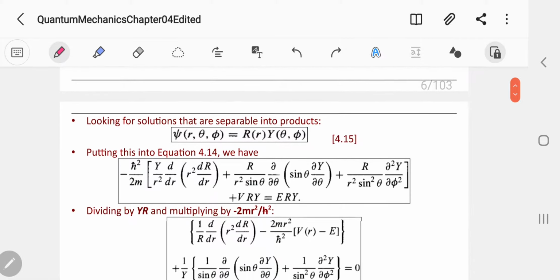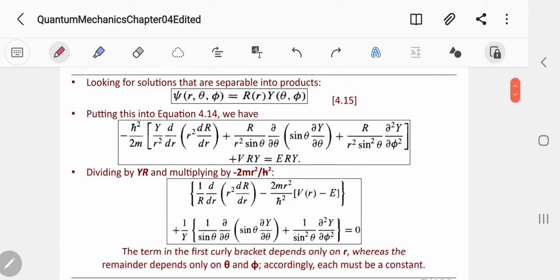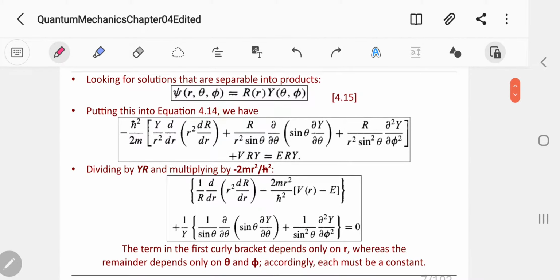So since we're looking for separable solutions, we can separate the radial and the angular part. We can make this a product of R and Y, where R is a pure radial function and Y is a pure angular function.